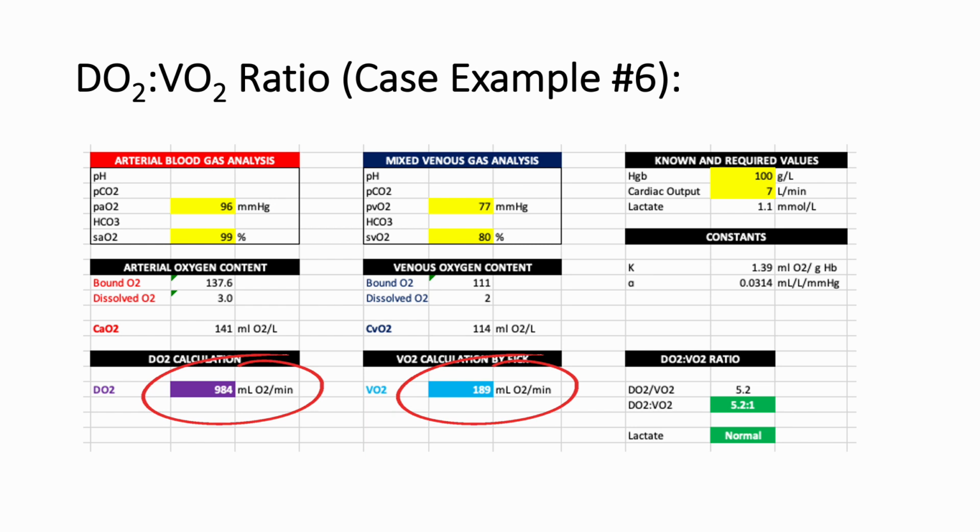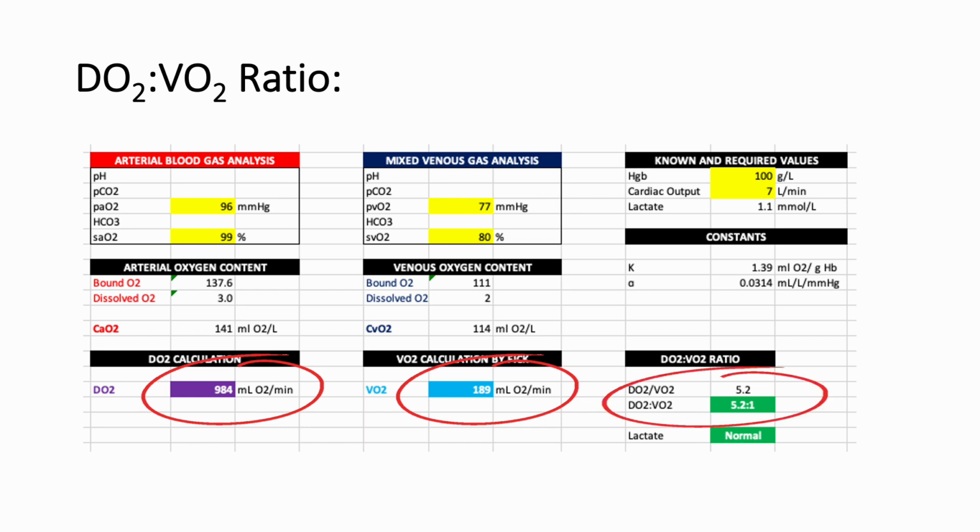If we look at the results from our calculations for case number 6, we see that we have a calculated DO2 of 984 milliliters of oxygen per minute and a calculated VO2 of 189 milliliters of O2 per minute. Clearly, our delivery of oxygen, the DO2, exceeds the consumption of oxygen, the VO2, for this patient. In fact, our DO2 to VO2 ratio is above the normal 5:1.